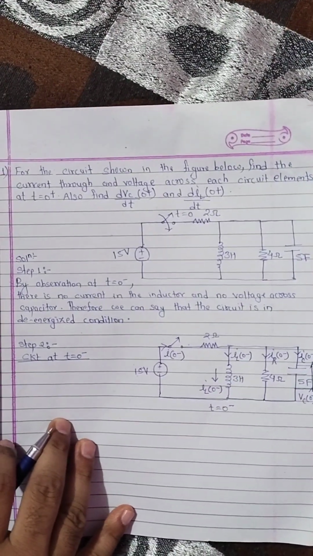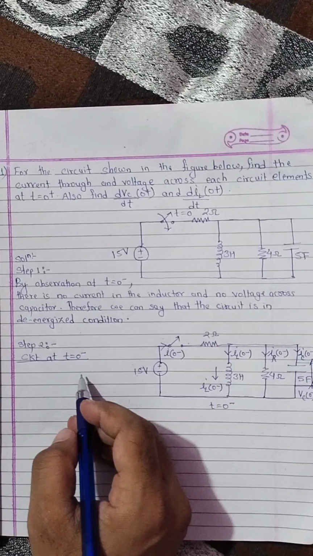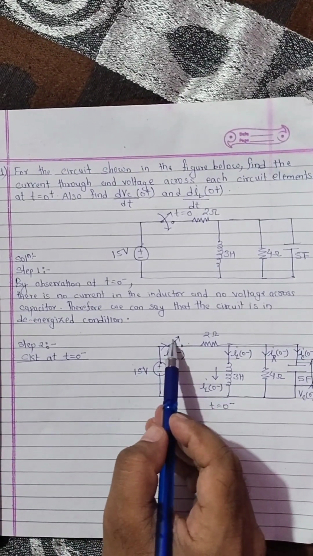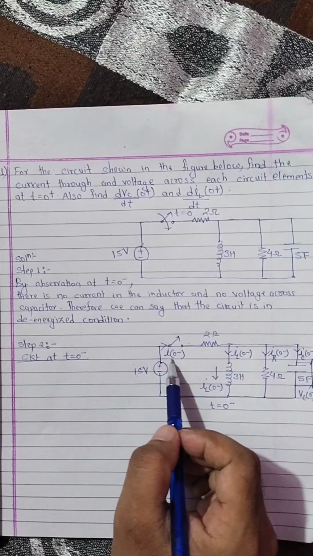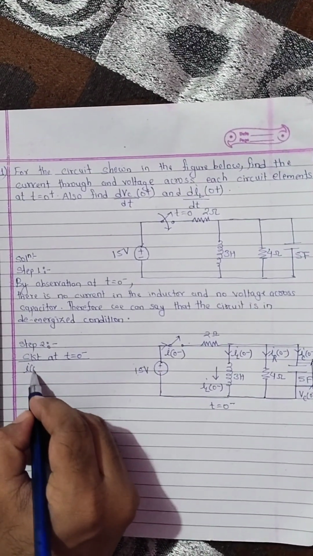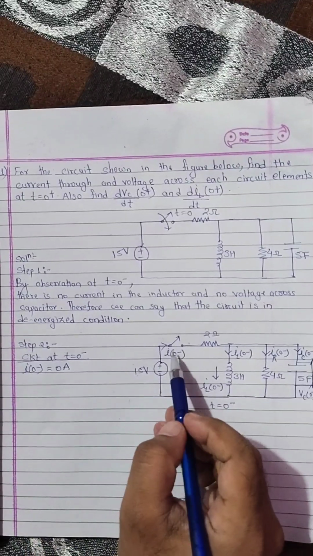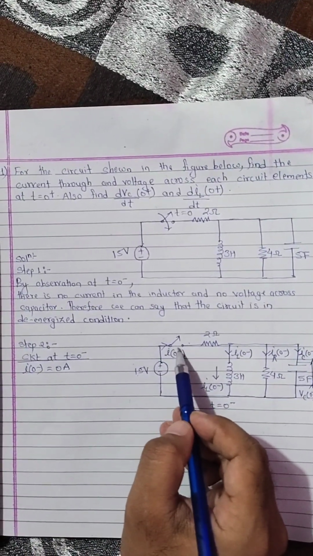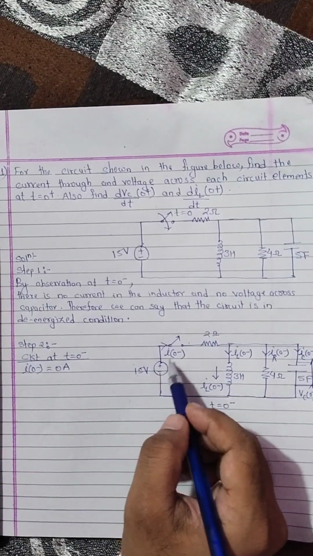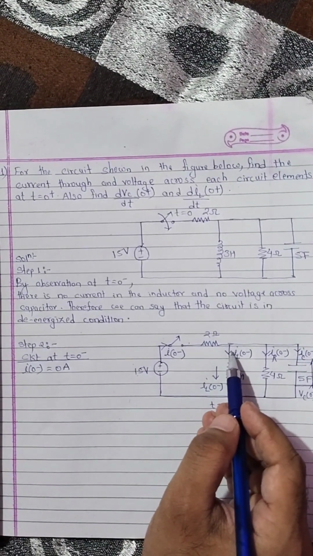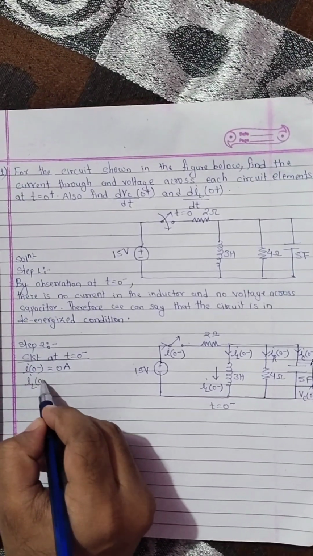First of all we will calculate this branch current. Since we know that this switch is open, we can say this I0 minus is equal to 0 ampere. Since the switch is open, no current is driven from this voltage source, so we can say that this IL0 minus is also 0.